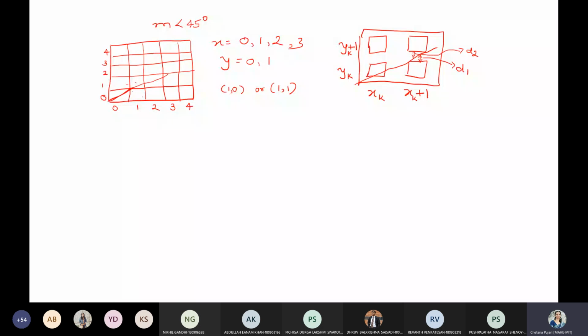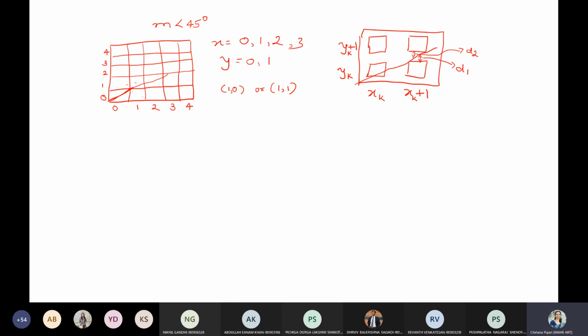There is a confusion. In order to overcome that confusion, you calculate the distance between the line and the pixel. This pixel is at distance d1, and for this pixel the distance is d2. This is based on the assumption that there is a gap between the pixels.